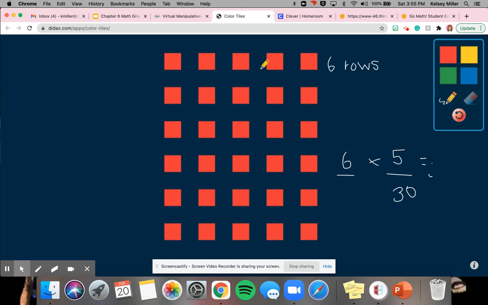So if I was going to explain, I would say that I would make rows of 6 with my tiles until all 30 tiles were used. Then I would know that there are 5 rows with 6 in each. It's the same thing as this multiplication equation, just 5 and 6 would be flip-flopped. So take a second to go ahead and write that down.